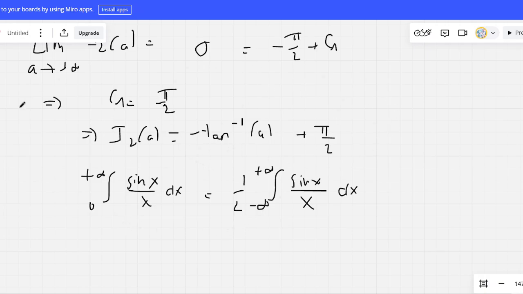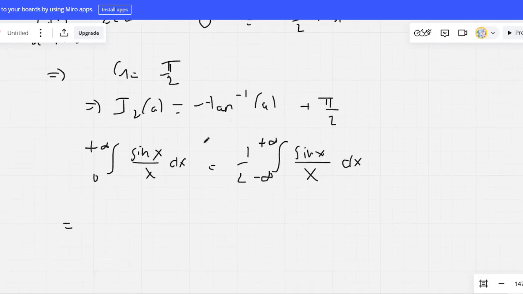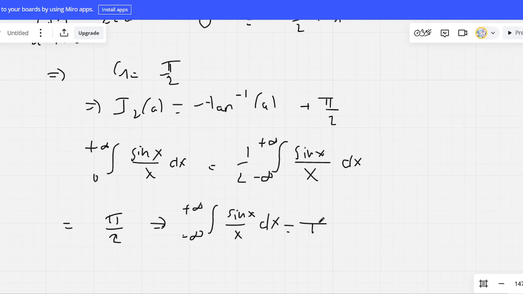Well, now we have I2. If we plug in a equals 0, this is inverse tangent of 0, which is 0, which means this integral right here equals pi over 2, which means the original integral from minus infinity to positive infinity of sine x over x dx equals pi.